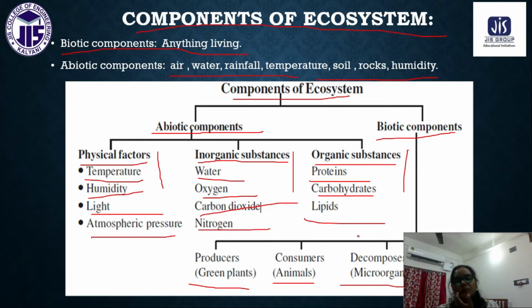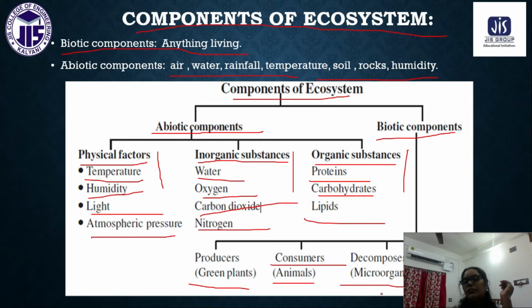Next is consumer. What are the consumers? Like animals, which can take the plants as well as the meat. That is consumers. All types of animals which are fed on the producers are consumers.